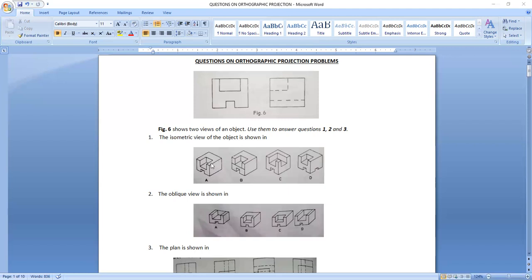Then question 2 says that the oblique view is shown in, so option C gives us the oblique view of the object.